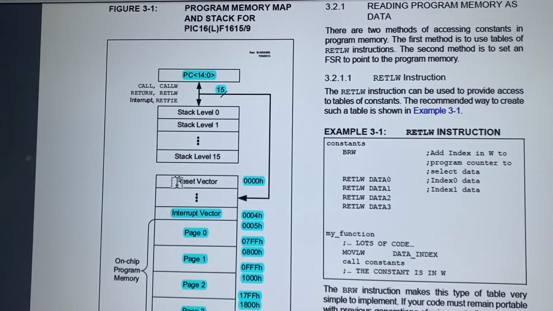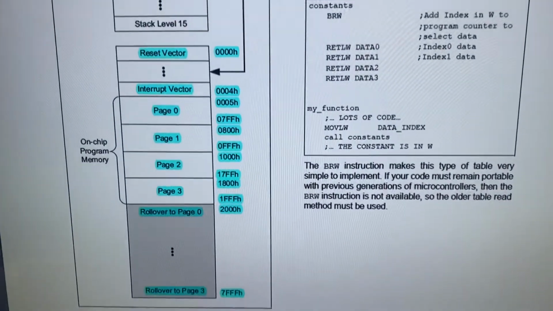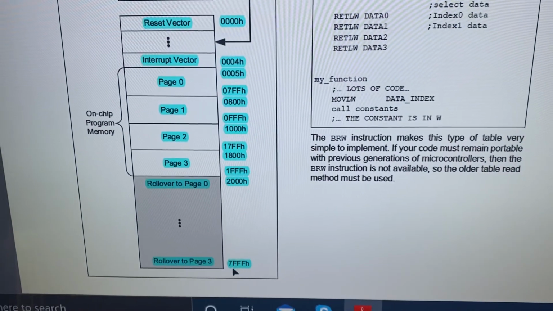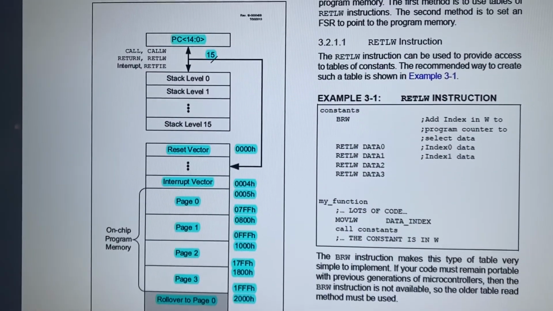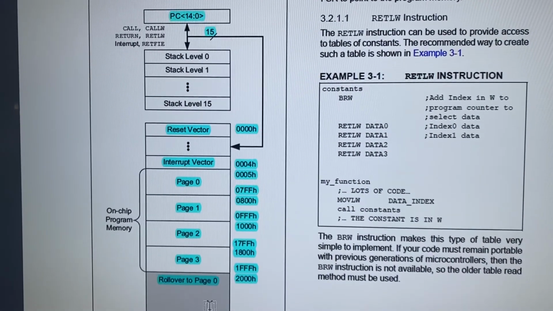There is a reset vector, so when you turn on the device, a reset occurs in hardware and it'll send you to location 0000 hexadecimal. In other micros, the reset vector goes to the last location. For example, in other micros, it goes to 7FFF hexadecimal. But in this one, it goes to location 0.